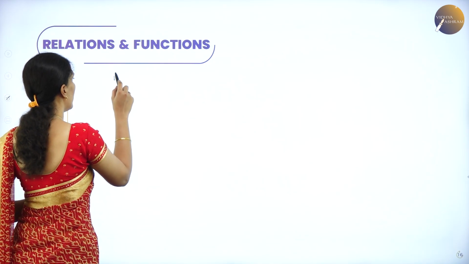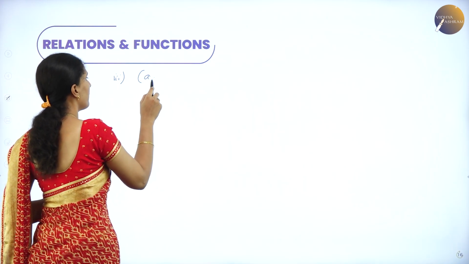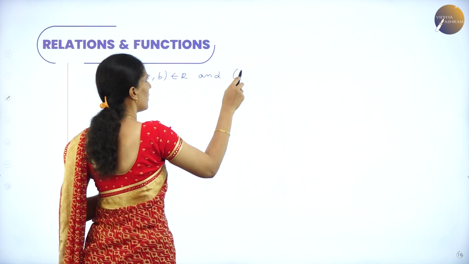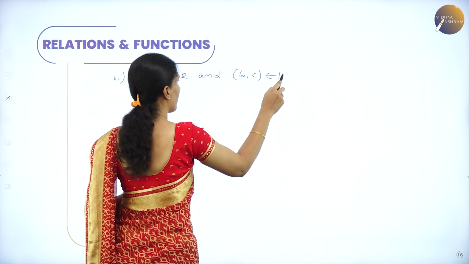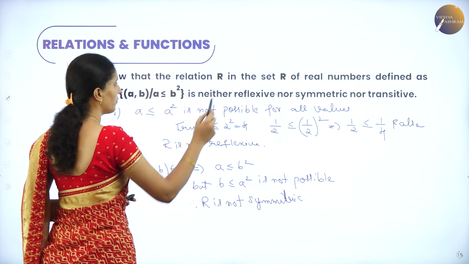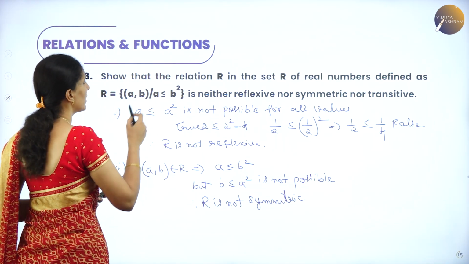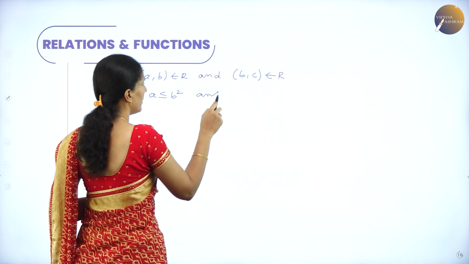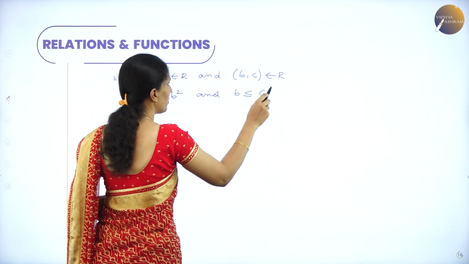Now let us prove the third one. Suppose I have (A, B) belongs to R and (B, C) belongs to R. Then according to the definition of the relation, it is A less than or equal to B square and B less than or equal to C square.